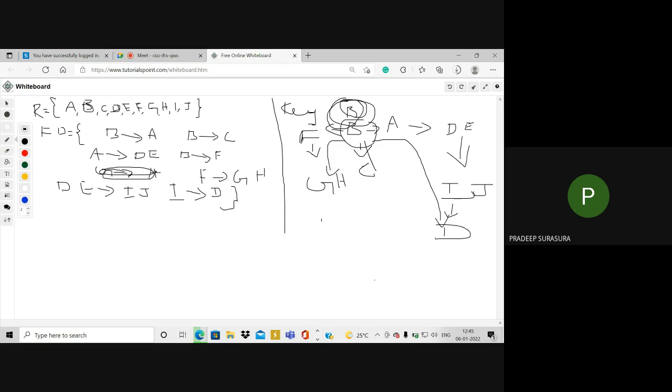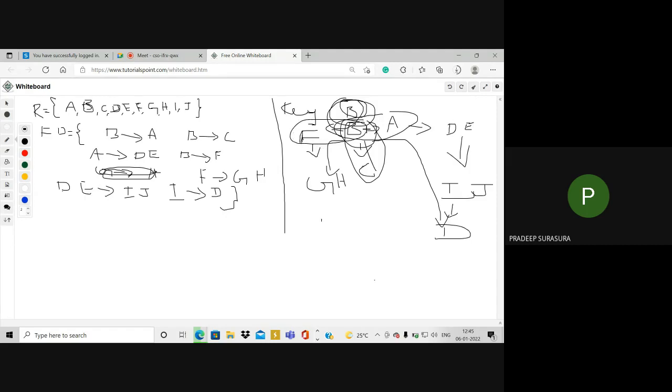When it comes to the third normal form definition, see how you will plan to observe things. Depending on this diagram, try to break them. You will have AB in one table, BC in one table. With respect to their dependencies, you try to break them.